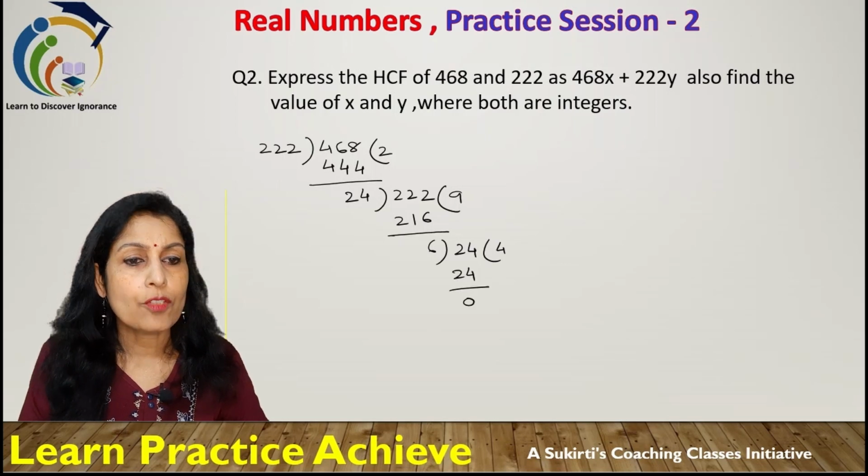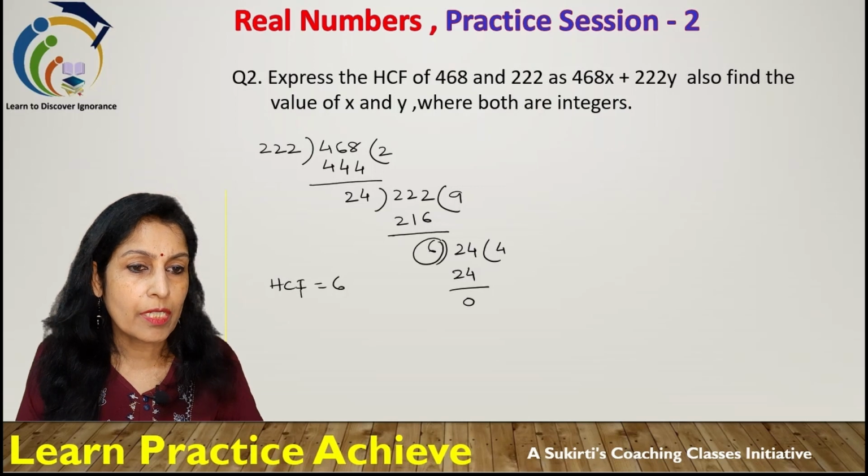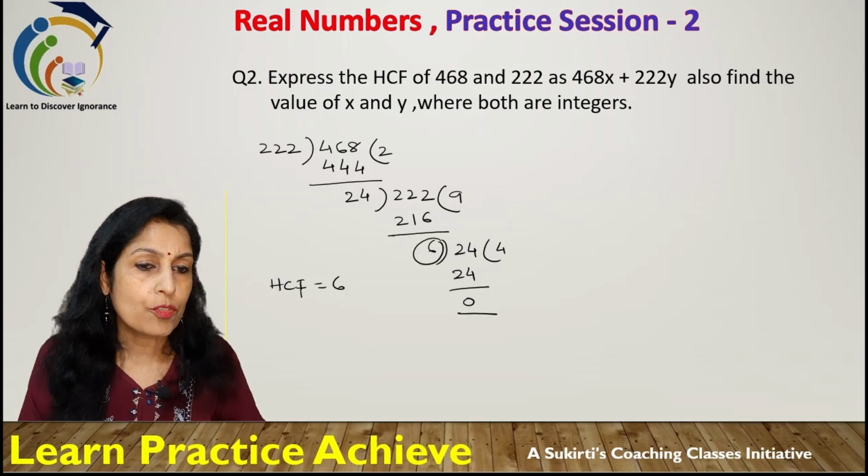So the remainder is 0. If the remainder is 0, then the HCF is equal to 6. Okay, because the last divisor is the HCF when the remainder comes 0.